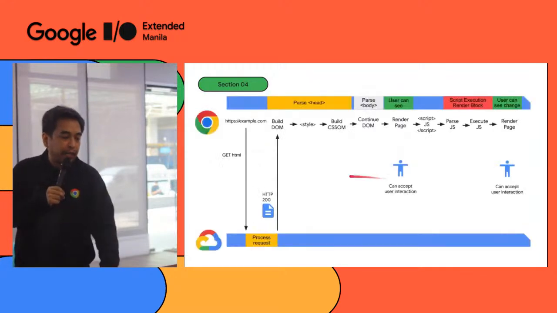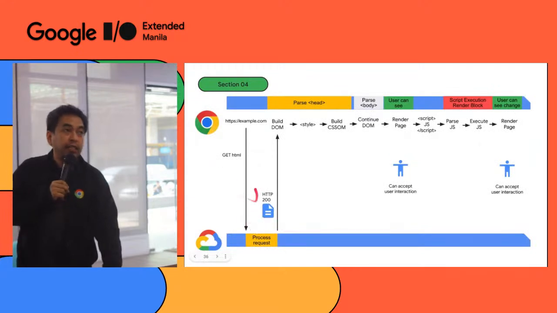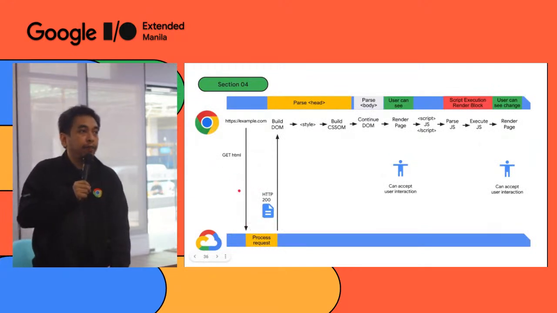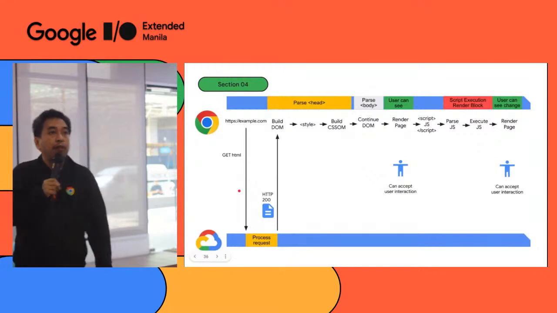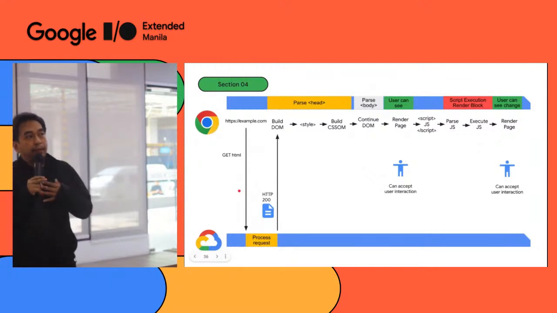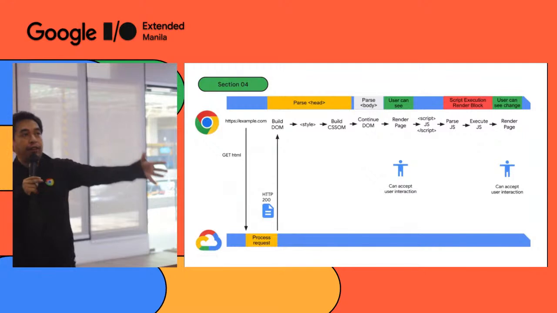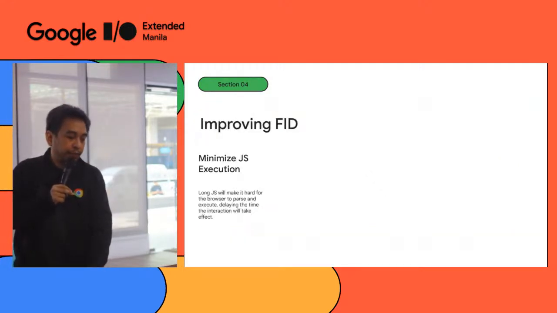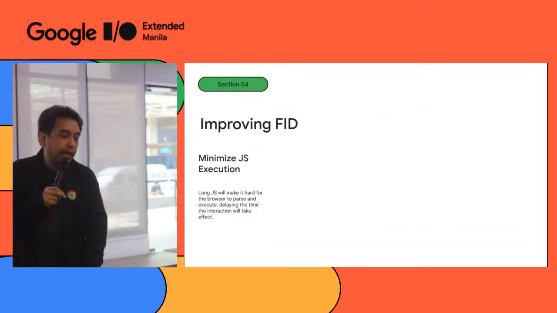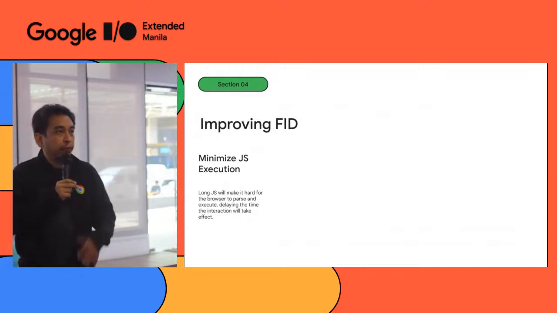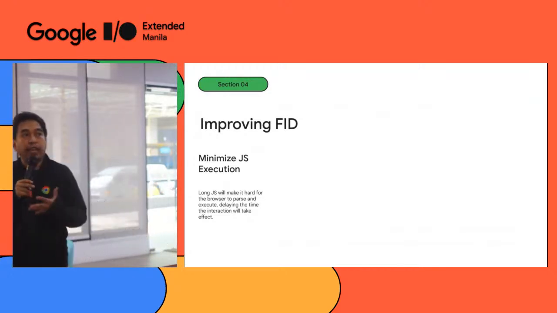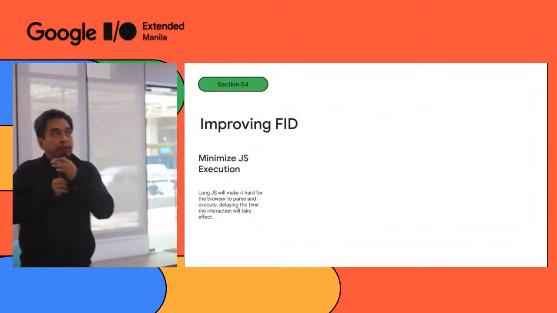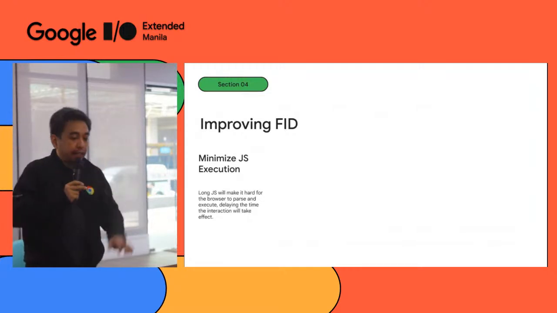And reduce time to first byte. Time to first byte is yung HTTP na index. If yung index.html mo is sobrang tagal mag-deliver, we want to reduce that. Now for FID, which later on yung INP din, minimize JavaScript execution. And to minimize yung JavaScript execution, you can separate yung tasks.